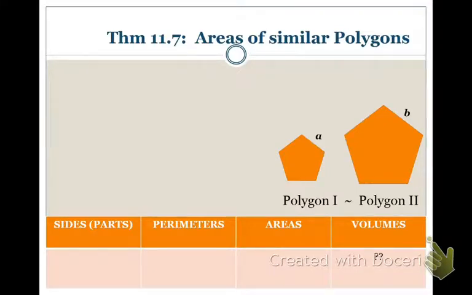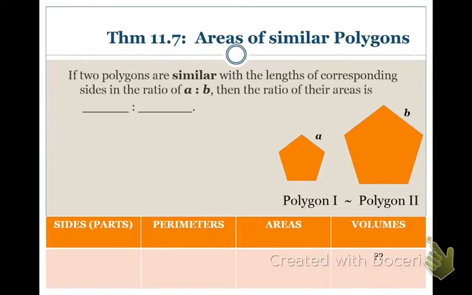So these two polygons are similar. If the polygons are similar with the ratio of the lengths of corresponding sides being A to B, then the ratio of the areas, we just would square A and B, right? Area is a squared unit, right?